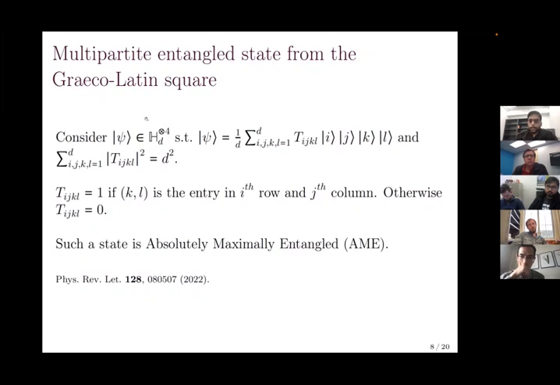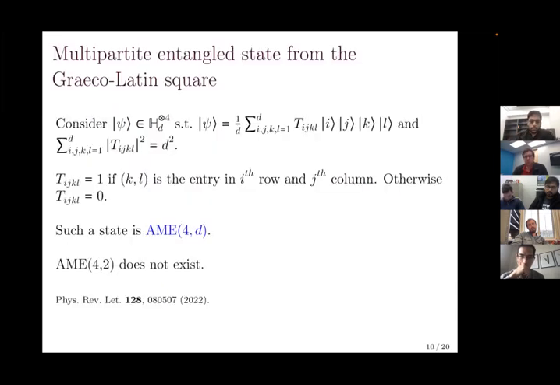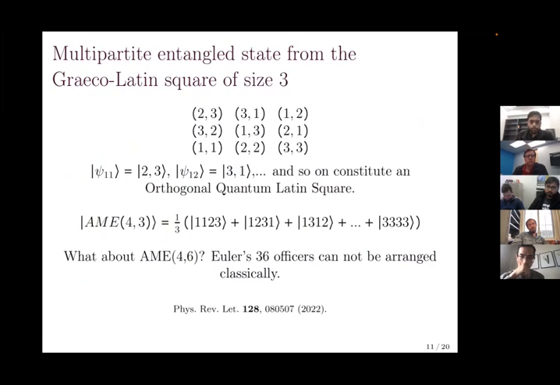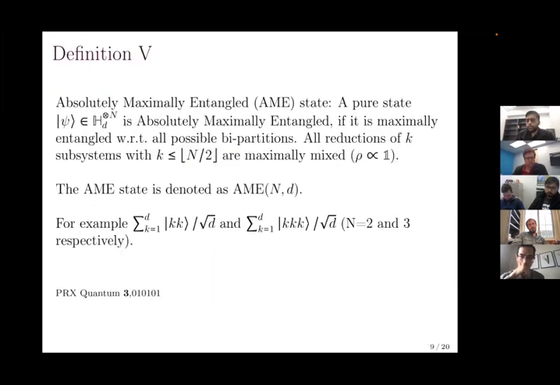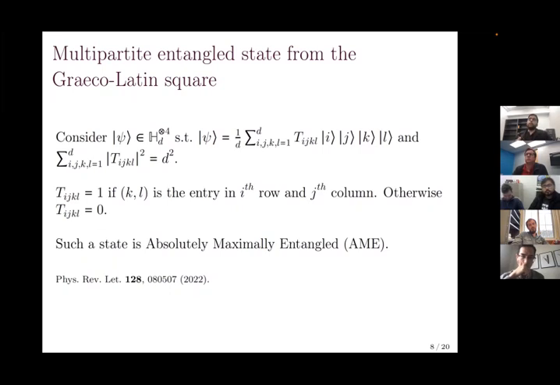So the point I'm trying to make is, for each Greco-Latin square, or each orthogonal Latin square, you can always construct an orthogonal quantum Latin square just by using those elements.